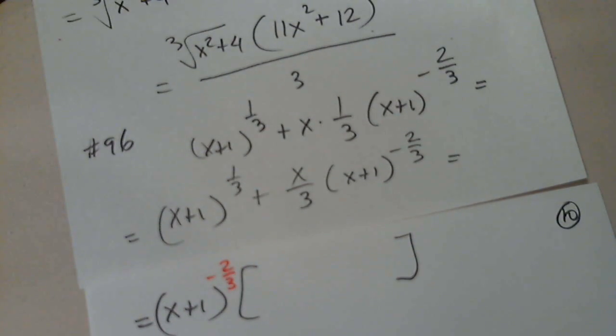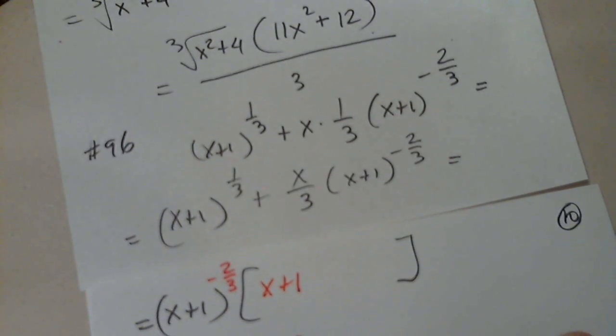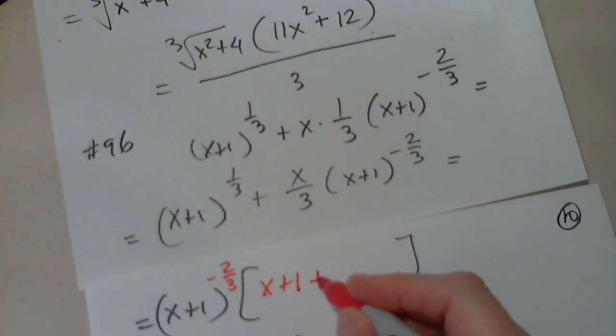Good. And now careful. From 1/3, I subtract negative 2/3. What do I get? And that's the power that I have to put here on x plus 1. Exactly 1. So I will have to write x plus 1. I will not put parentheses because the power is 1. I reach the plus sign.